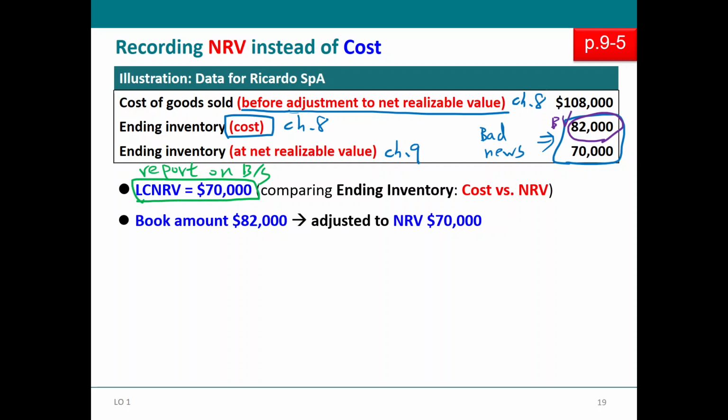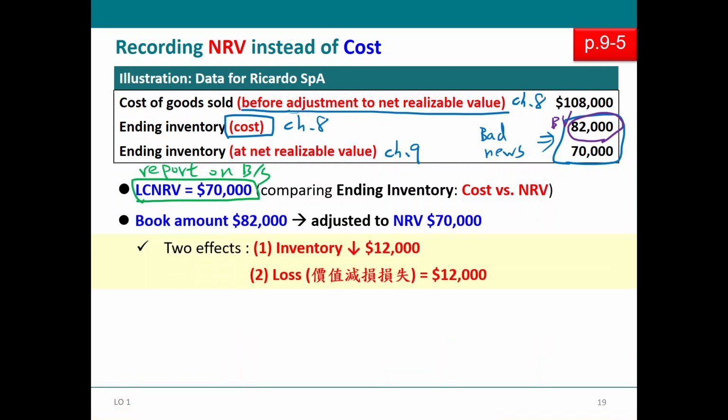Okay, so what are these two effects you have? You have to tell them, our inventory's value decreased $12,000. Also, the decrease is my loss. Okay, so you should tell them two effects. First is my inventory's value decrease.